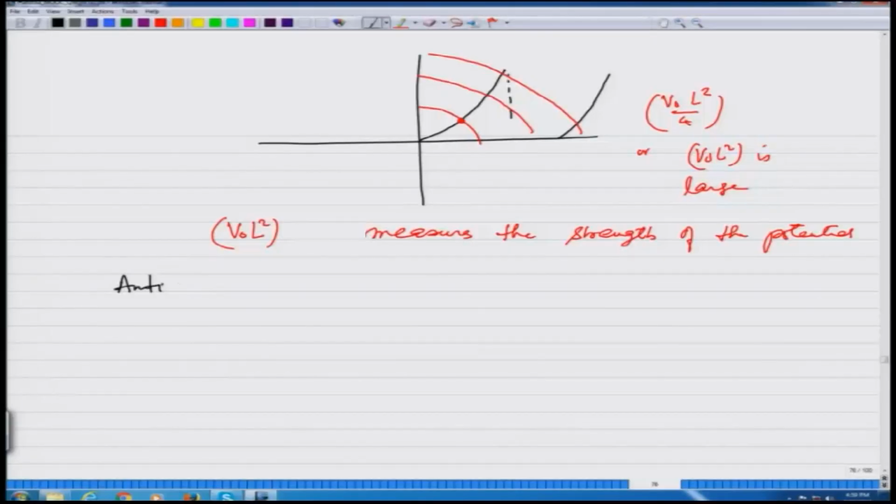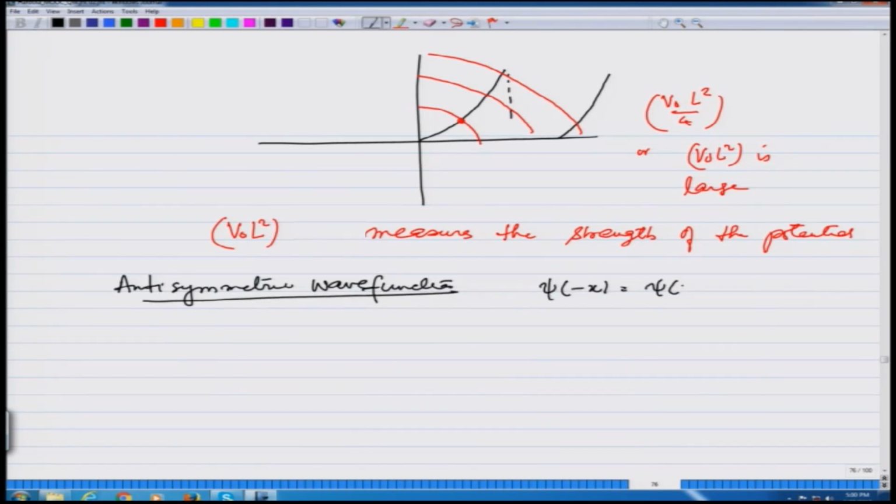Now, how about the antisymmetric wave function? Remember, in this case psi minus x is equal to psi x.